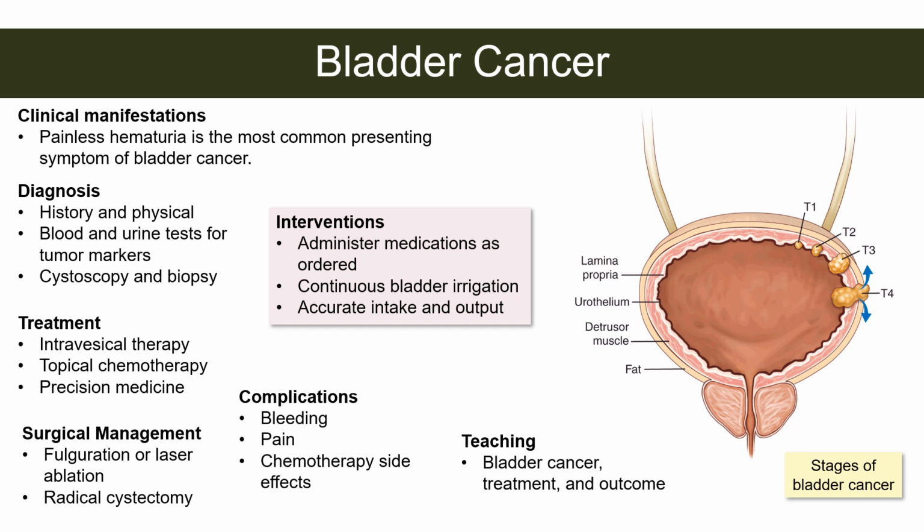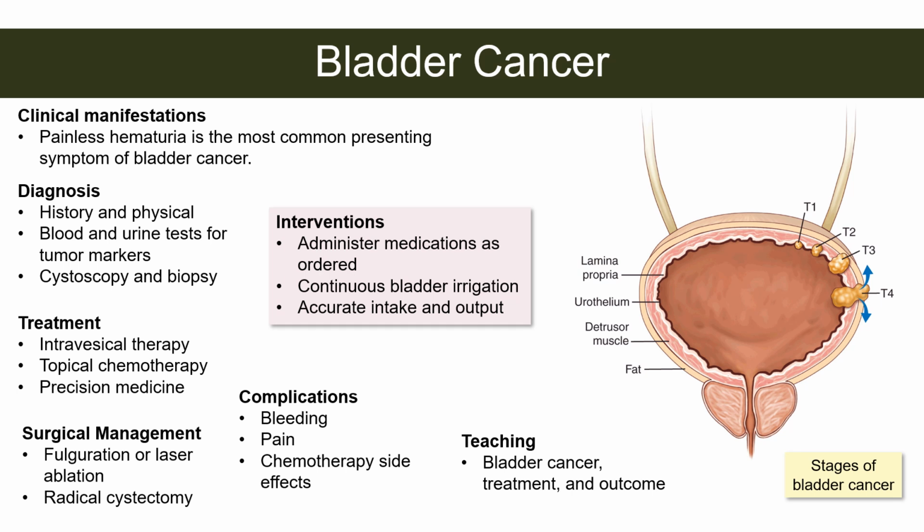They can also put in a chemotherapy fluid where it sits in the bladder for a certain amount of time and then they drain it. So we have some options, and if it is very severe, then they'll remove the entire bladder, which is a radical cystectomy. So interventions, we want to make sure we're giving and educating the patient on ordered medications.